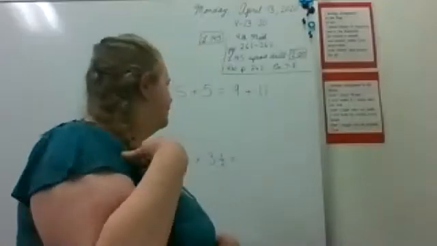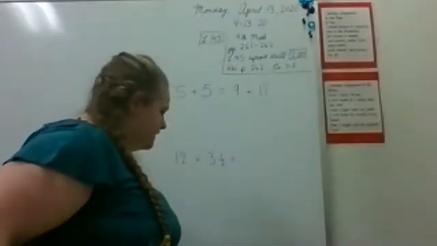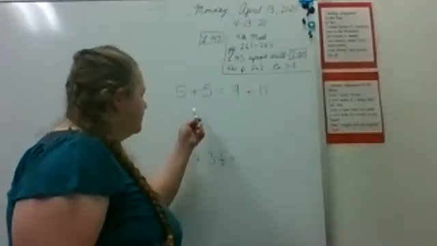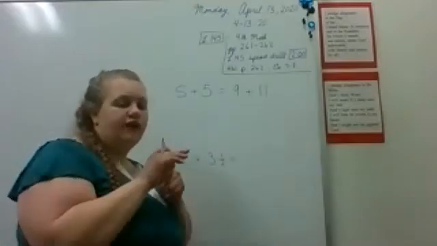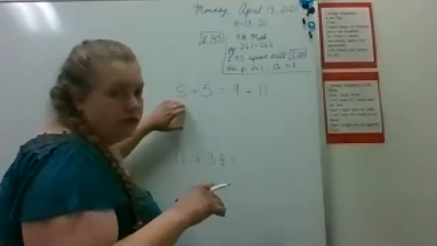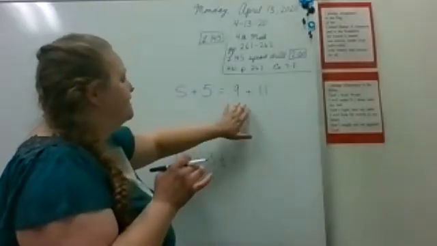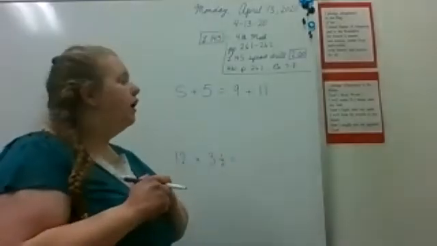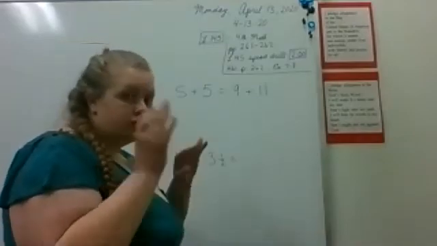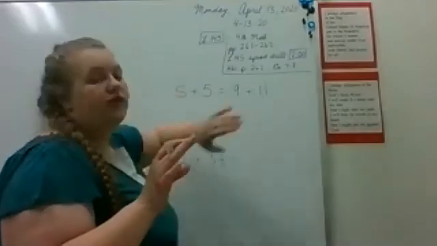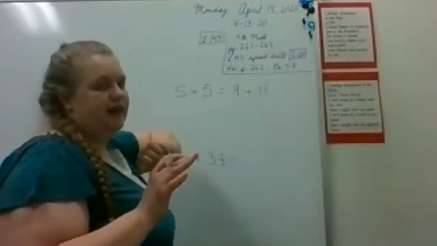All right, and so we're going to look next at one of these equations, okay? Remember, we have an unknown number in here. S plus 5 equals 9 plus 11. So we do the side of the problem without the unknown number.